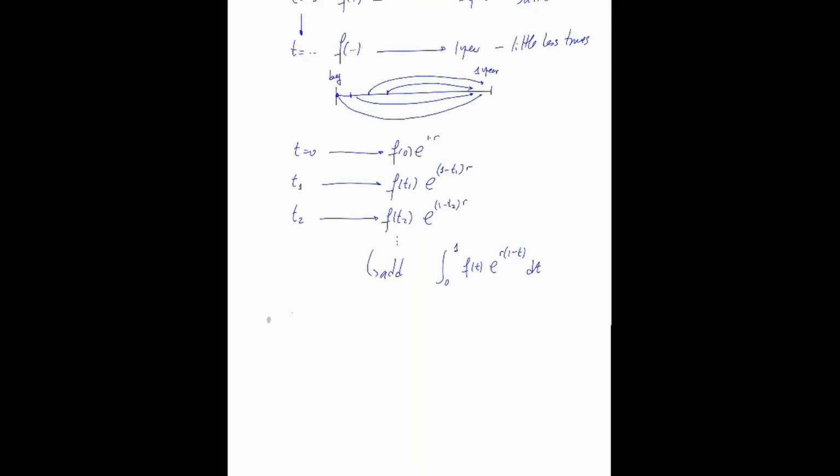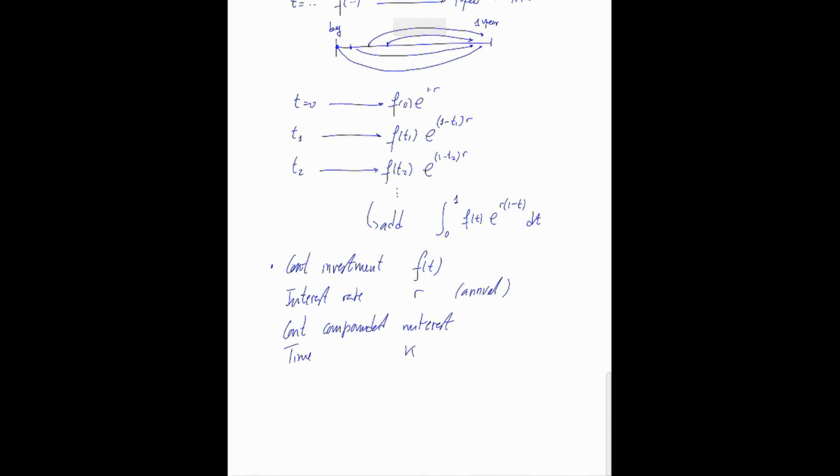In general, if you have a continuous investment function f of t, this means the amount f of t invested at time t instead of a fixed amount k, and we have an interest rate of r, and remember, interest rates are always given annually, and we have a continuously compounded interest, and for a time, the time is t, not k, that will confuse, the time is t.